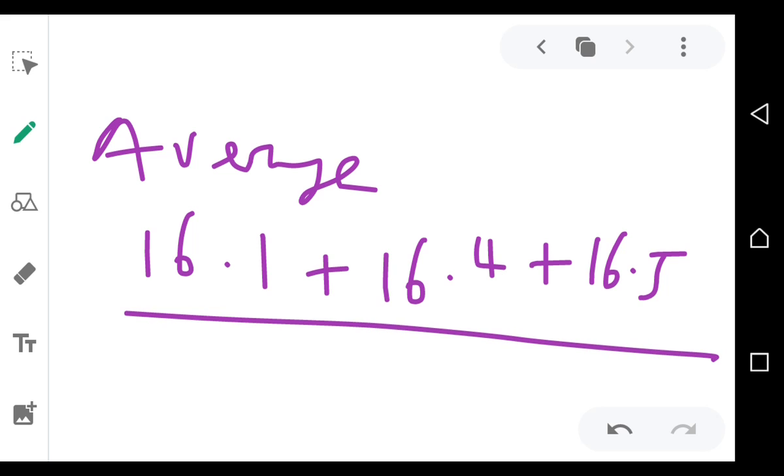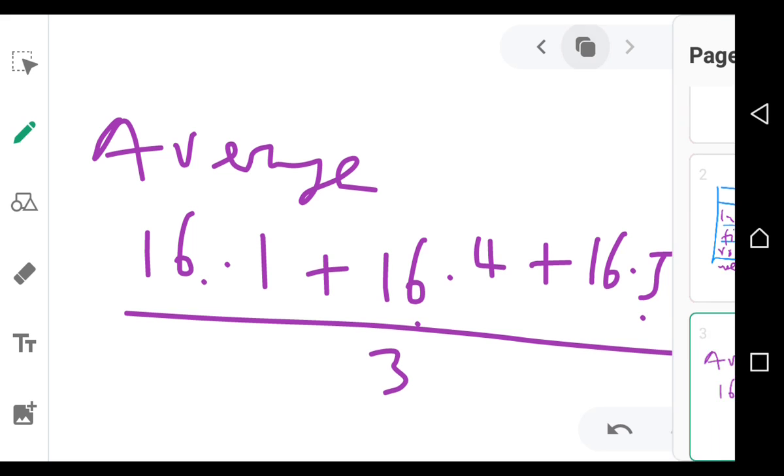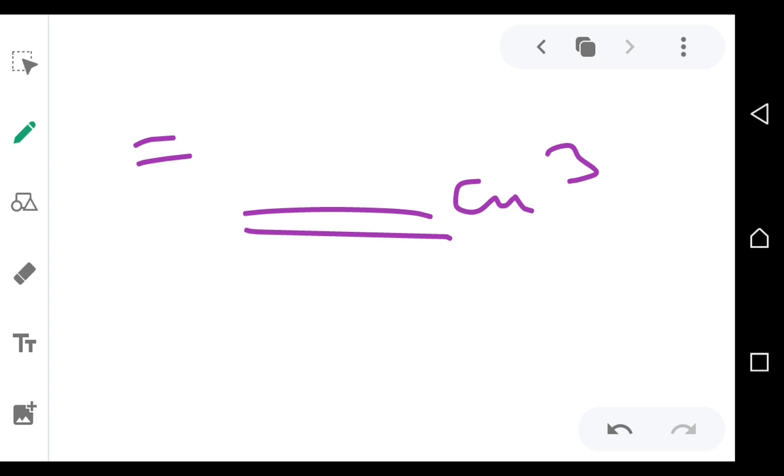You divide by the number of titrations you made. There is 1 here, there is 2, 3. You have used 3 numbers, so divide by 3. If it was 4 that you have used, use 4 numbers. That will be the average. The answer you get, you put here, in cubic centimeters.